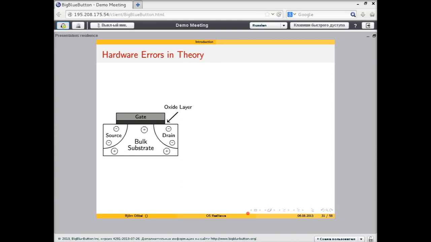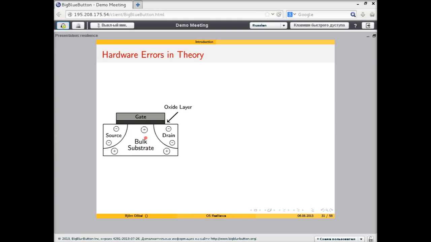In general, any kind of memory or logic circuits you have in your hardware are built from transistors, and this is a very simplistic model of such a transistor. Usually you have some parts called source and drain, and if your transistor is supposed to have the state 1, then current is going to flow from source to drain, and if it says the state 0, then there should be no current.